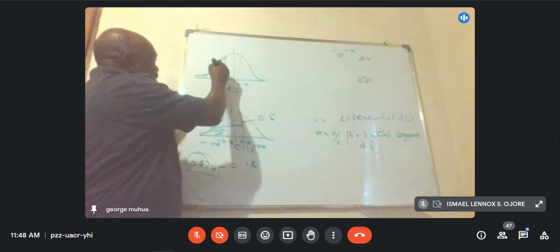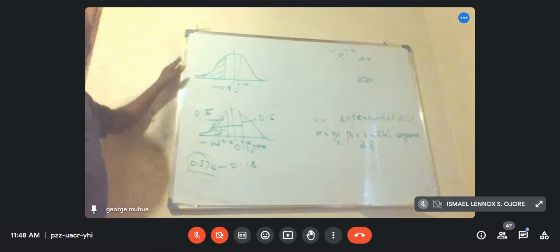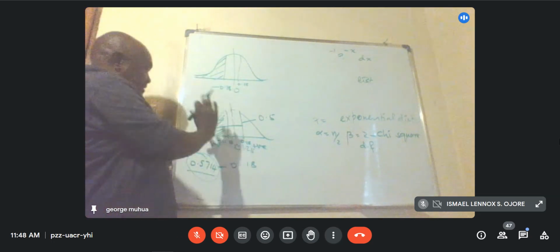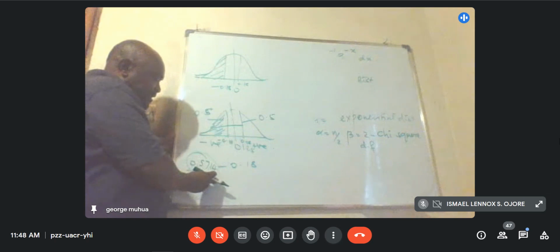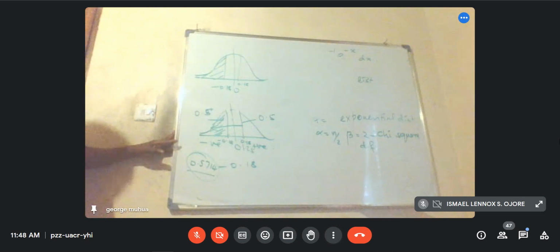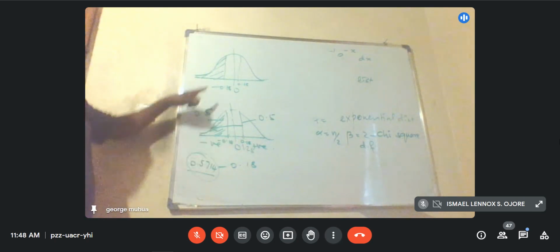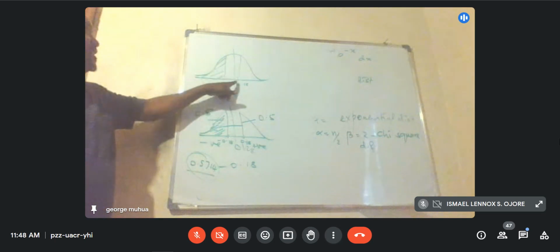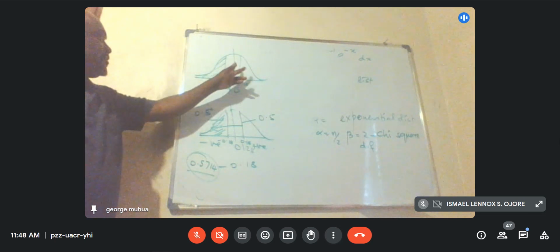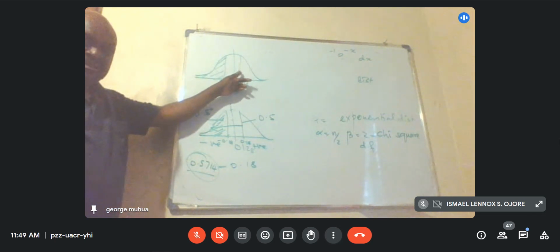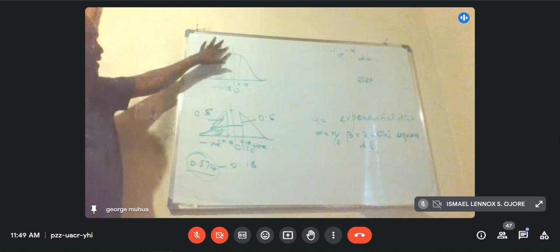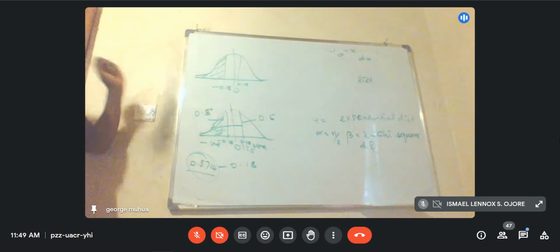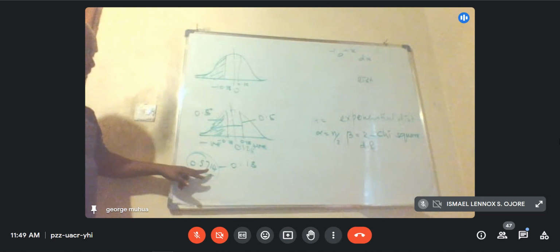But I want this one. How do I get that area? Or would I take this? This one is more than 0.5, therefore I can't take it. In any case, I would only take it if it was going up to this side, because it's more than 0.5. Up to 0 is 0.5. But now I have 0.5714.